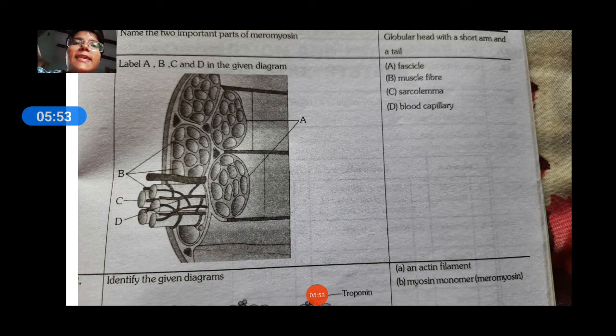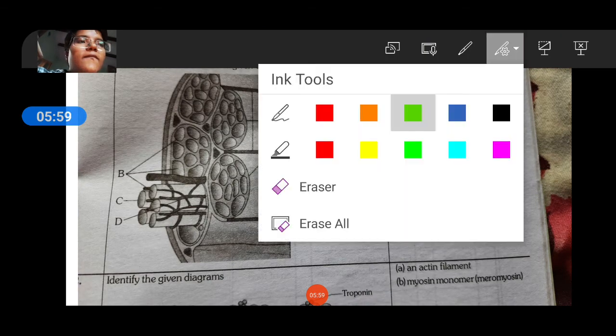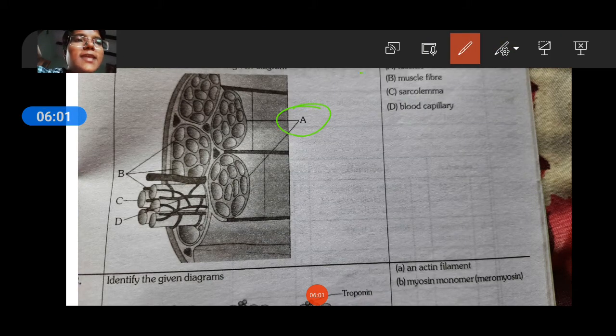Label A, B, C in the given figure. Here, A is the fascia, B is the muscle fiber, C is sarcolemma, and D is blood capillaries. B is muscle fibers and C is sarcolemma and D is blood capillaries.